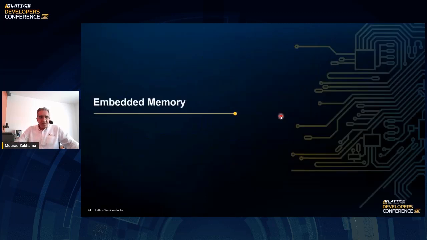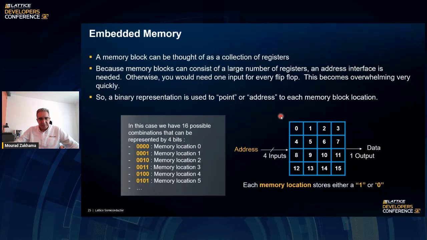So embedded memory. This is another fundamental element in the FPGA, and we'll start from the basics, just describing the memory block. The memory block could be thought of as a collection of registers. So you could have each one of these bits as a register, and you have 16 of them if you have a 4 input address line.